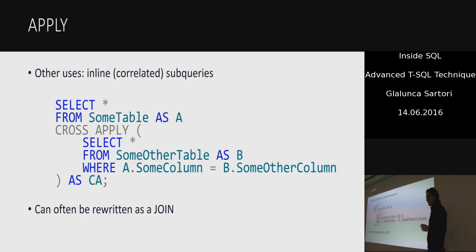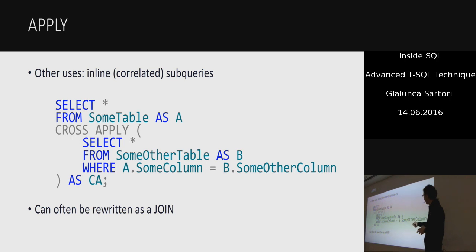Another use of the apply operator, which is often overlooked, is this use where the function is not saved in the database, but it's defined inline inside the query itself. So basically what you do is you apply a function that you open here with a parenthesis, you close it here, and you define the function inline with the query.